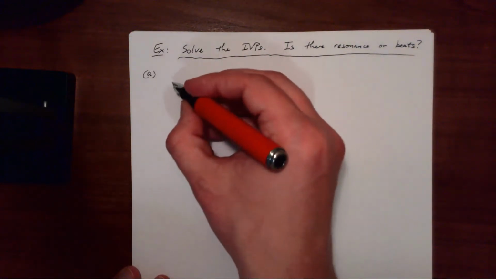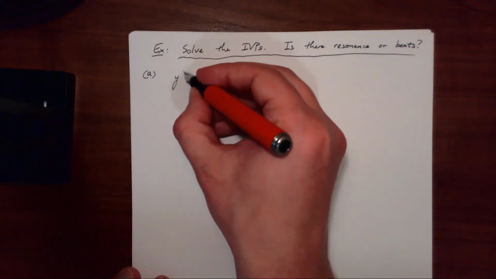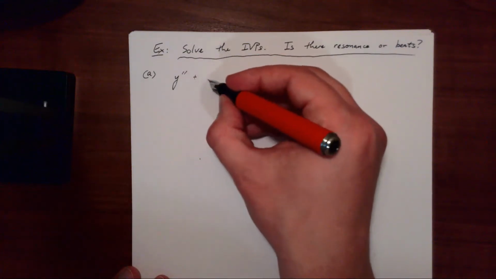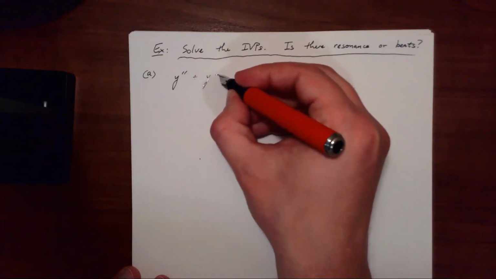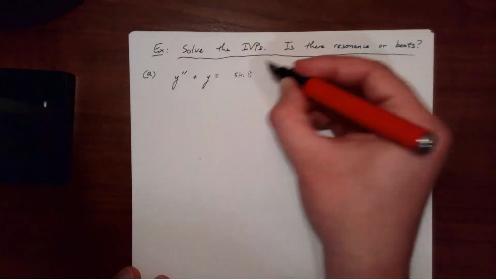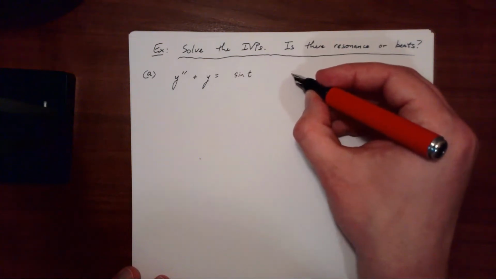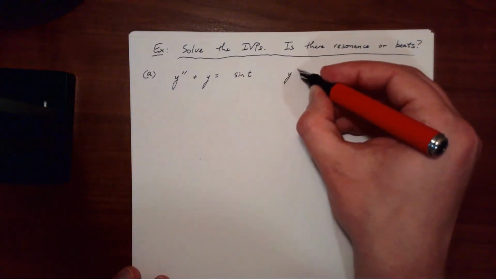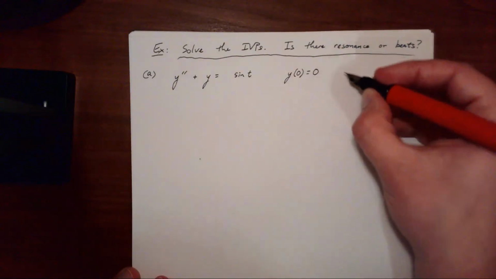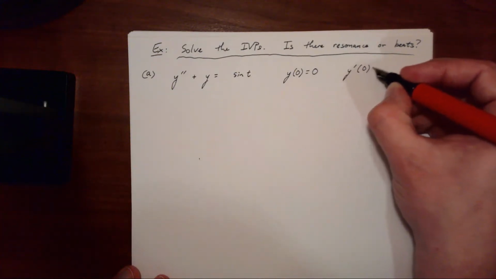All right. First one, let's just say something like this. I'm going to say y double prime, we're going to use y's or x's, either one, plus y is equal to sine t, and we will just say y of 0 equals 0, and y prime of 0 equals 0.